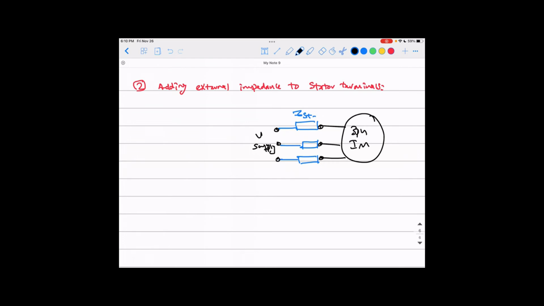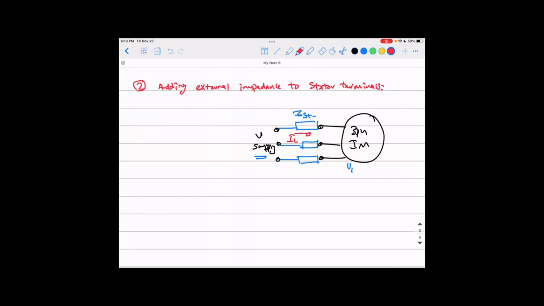What will this impedance do to your motor? Here is your V supply, and the voltage at the motor terminal is V1, which is the voltage going directly to the motor. The current moving out here is basically the line current of the motor.